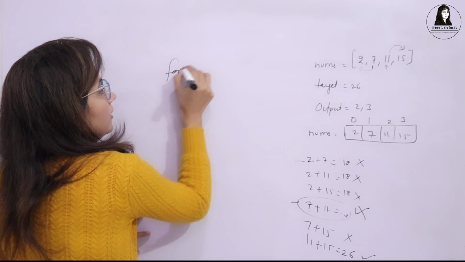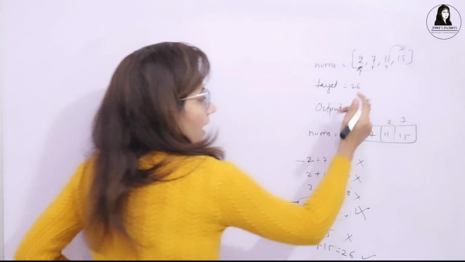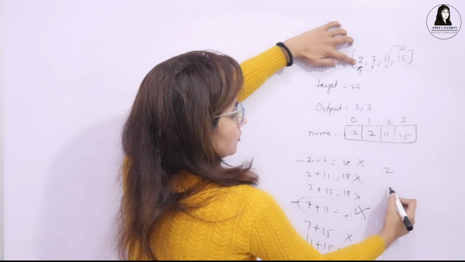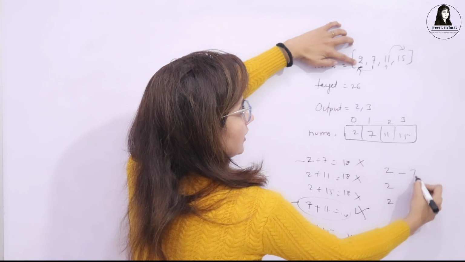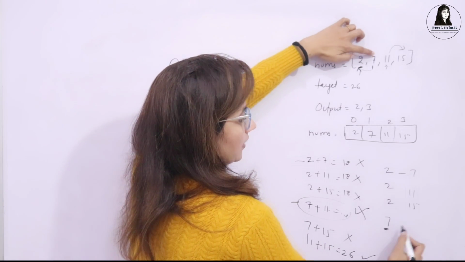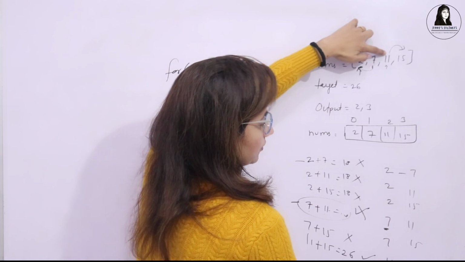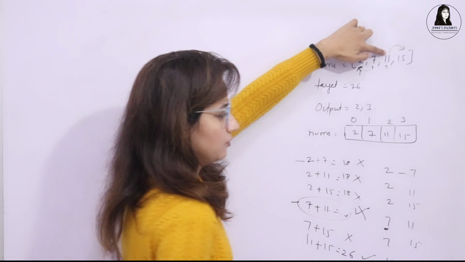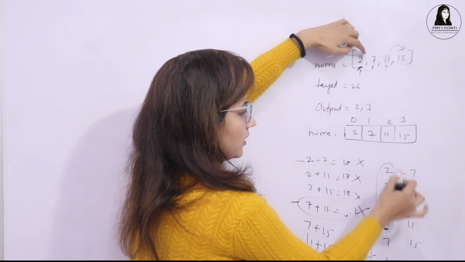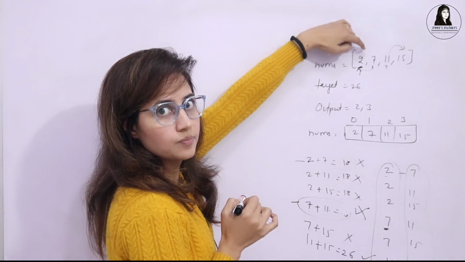For that we need 2 loops, because one is we will take this 2, and with this 2 we take 7, 11, 15. Then we take 7. With this 7 we will take 11 and 15. Then we take this 11. With this 11 obviously we have only one element, 15, right? So one loop is for this thing, and the second loop is for this value change.